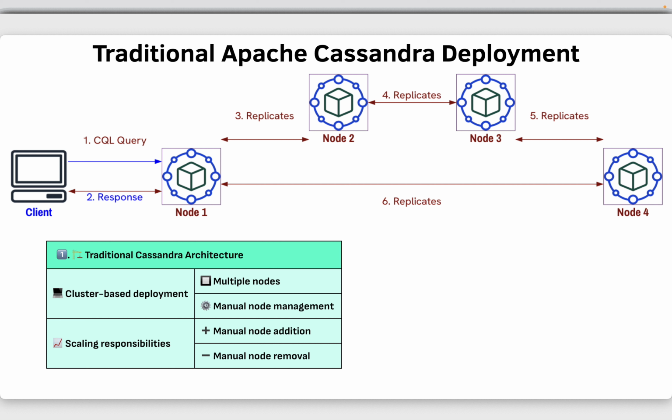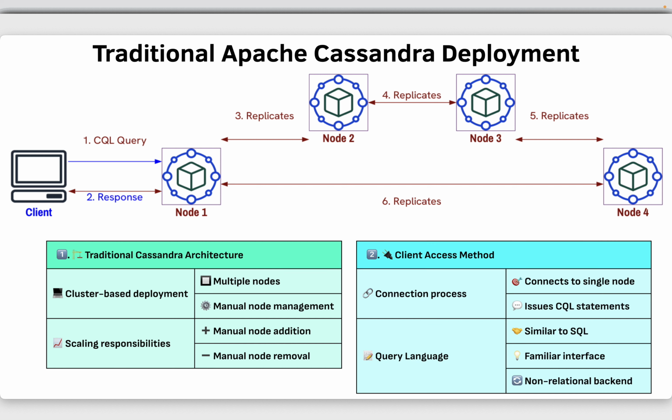Traditional Apache Cassandra's architecture requires significant hands-on management through its cluster-based deployment, where the responsibility lies with the users to manage multiple nodes, making it a more complex system requiring careful attention and expertise in node management and configuration.